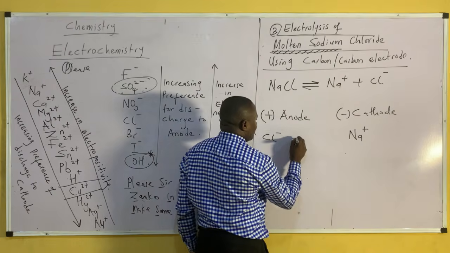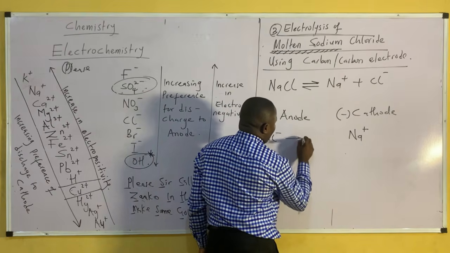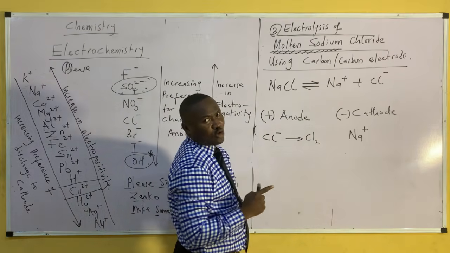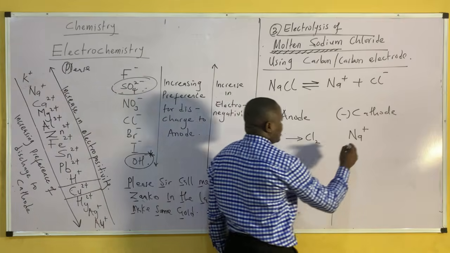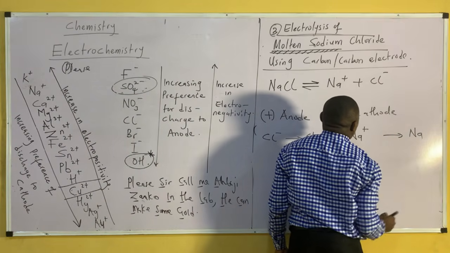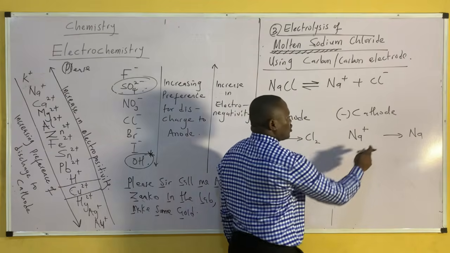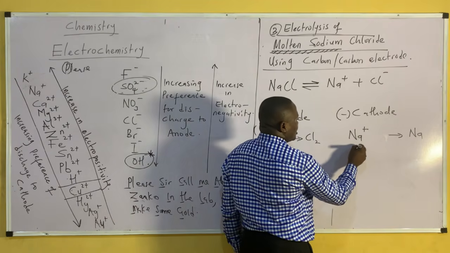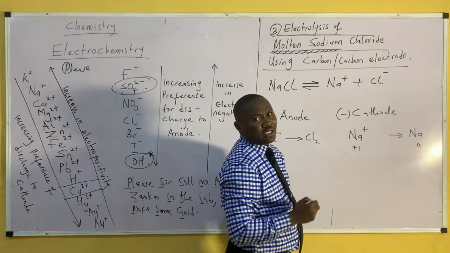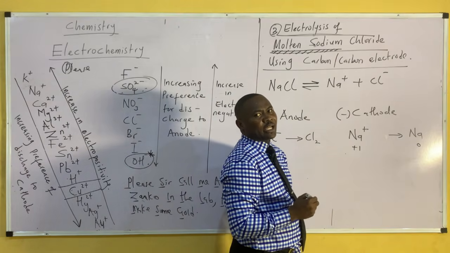Now remember, this will be deposited as chlorine gas, while this will give us sodium. To balance this up, this is +1, this is 0. Always add electrons to the side with a higher charge.